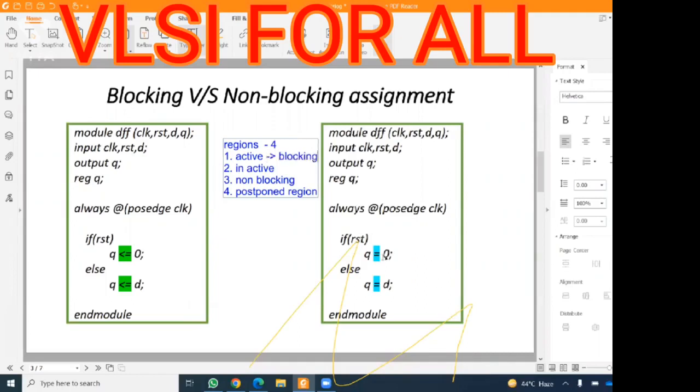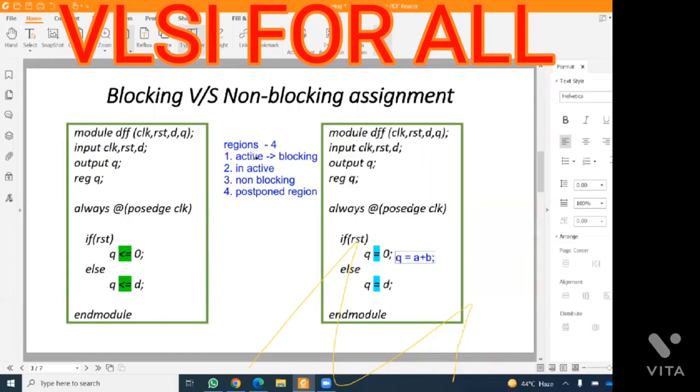Now, for example, let me change this to Q equals A plus B, right? Now, A plus B is the right hand side and Q is our left hand side. So, in which region will this be calculated? This has to be calculated by the simulator, because A is one value, B is one value, and A plus B the simulator will do.